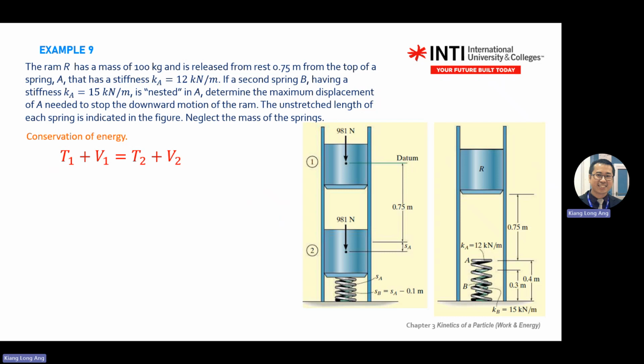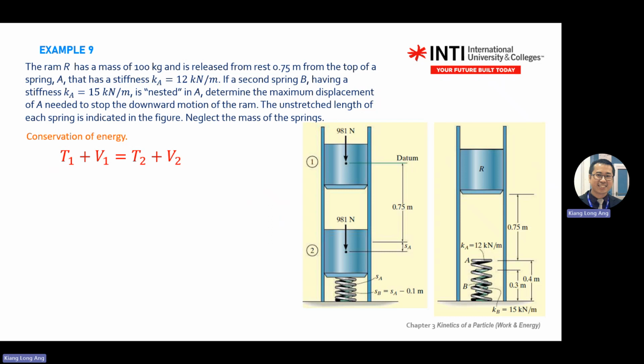You simplify the principle of work and energy into the conservation of energy equation. So energy before equals energy after. Only two types of energy we consider: kinetic energy and potential energy. Potential energy we break into another two, which is what? mgh and spring. Kinetic is quite straightforward, half mv squared.